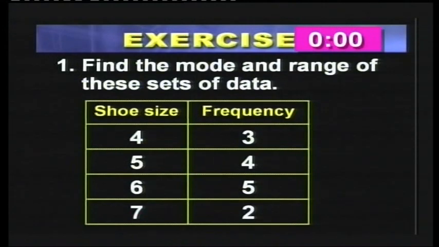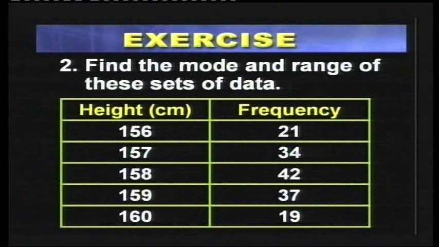You should have completed that in your notebooks. This is your second exercise. Find the mode and the range of these sets of data. From the first one, the figures are very small. In the second one, the figures are given in centimeter.